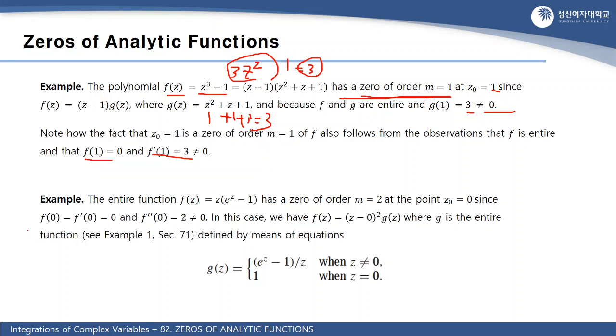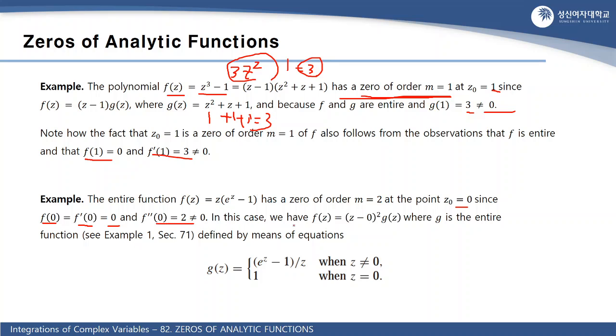We can see that. The second example is that the entire function f(z) = z(eᶻ - 1) has a zero of order m = 2 at the point z₀ = 0. Since f(0) and f'(0) are equal to 0, but f''(0) is equal to 2, which is non-zero.